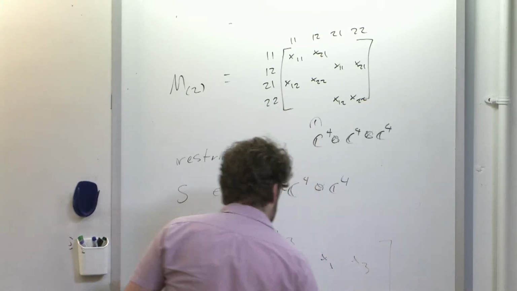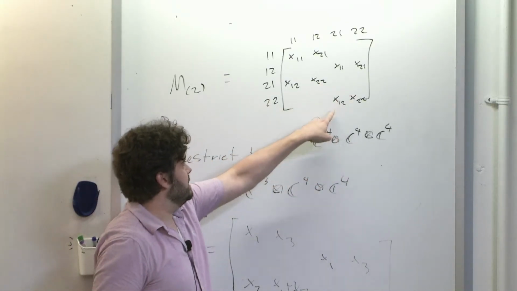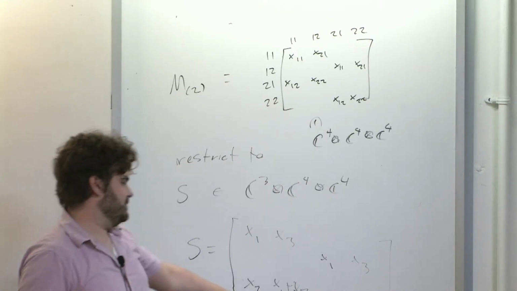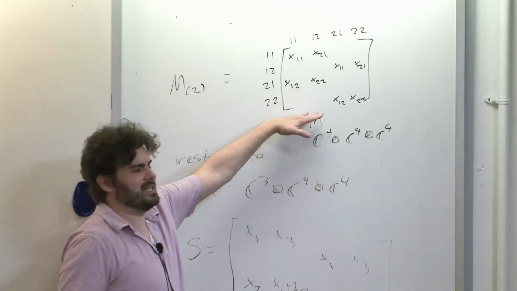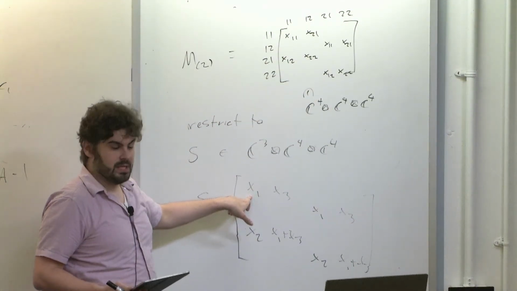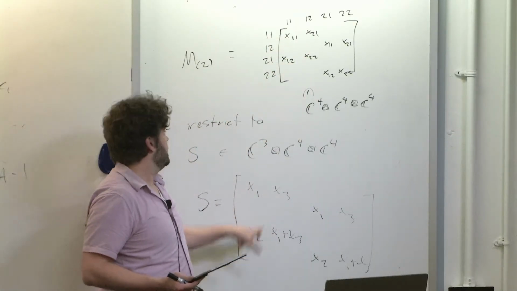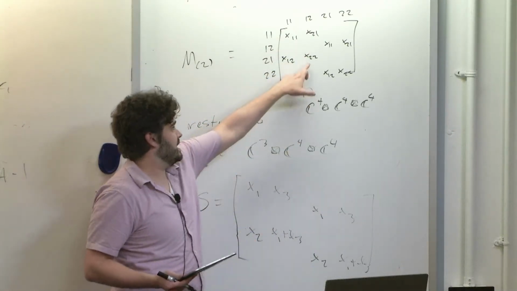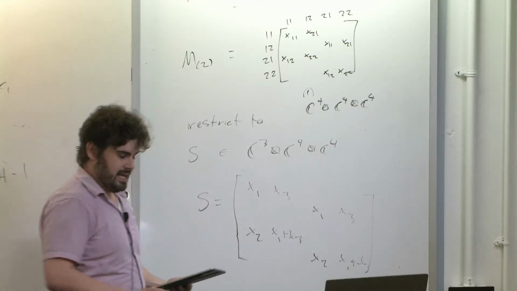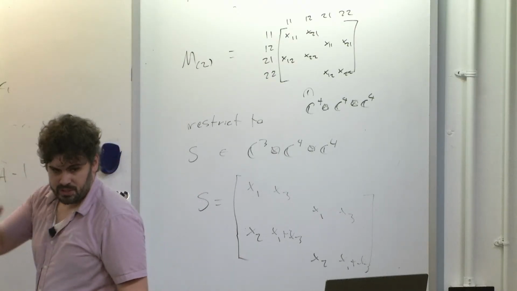I've just let all of my x22s be a combination. I did this because I wanted to be clear that this is the matrix multiplication tensor, but now I'm assigning x11 to be x1, x21 to be x3, x12 to be x2, and then x22 to be x1 plus x3. So this is a restriction of that. And as Peter showed us, we have an inequality on border rank when we restrict.